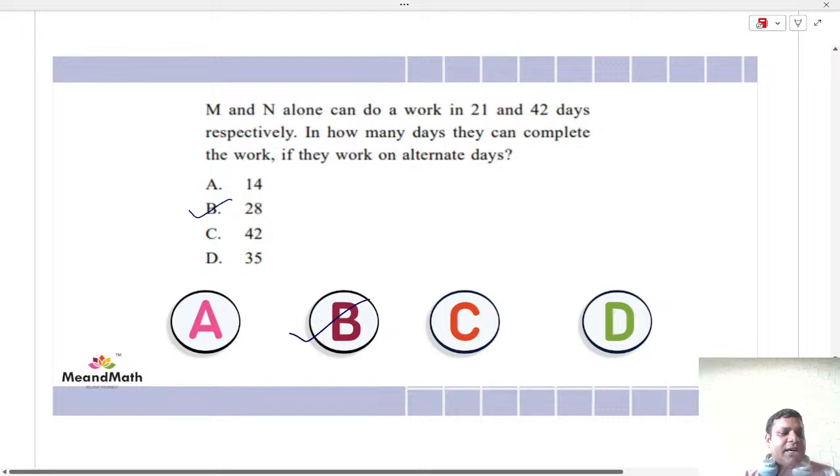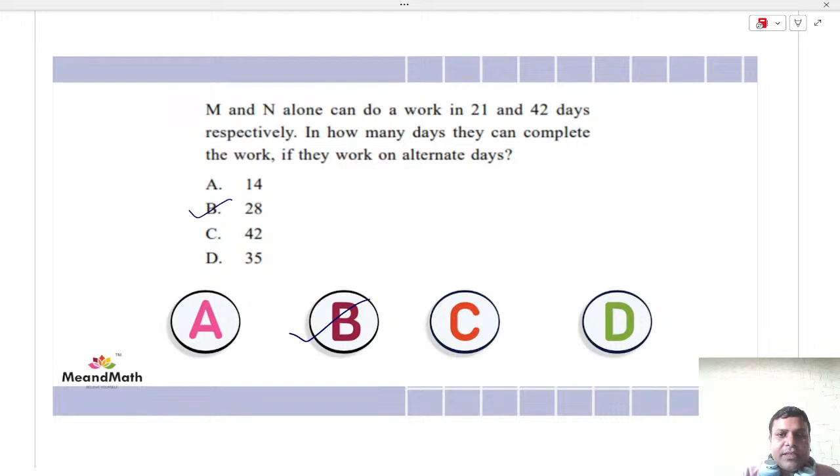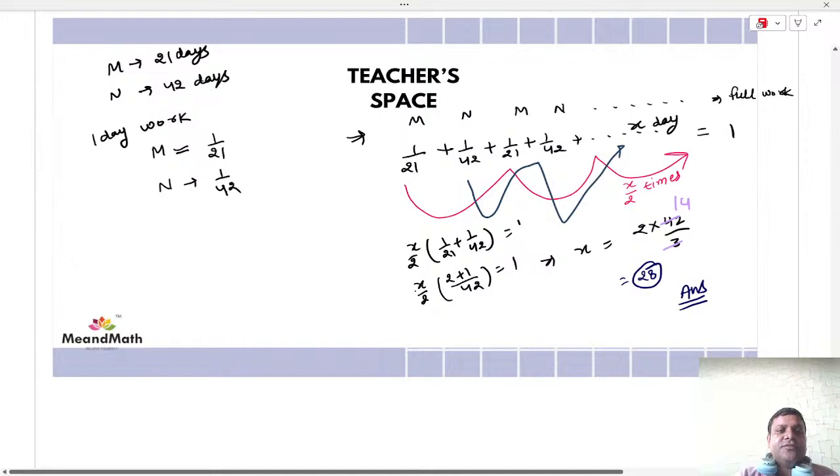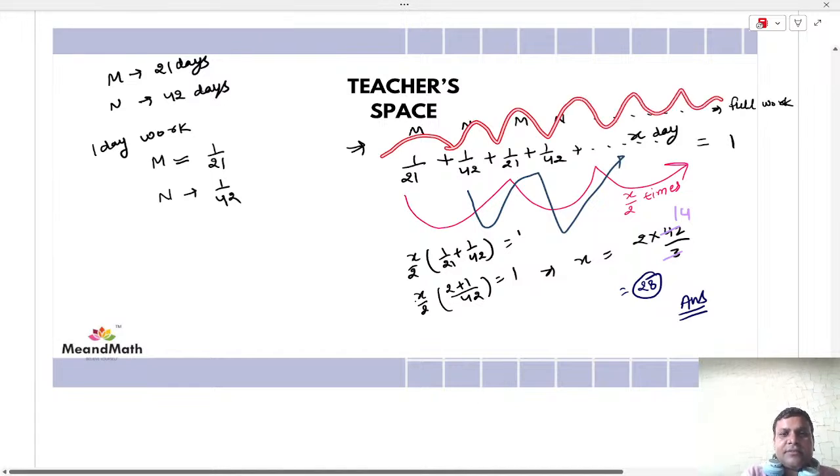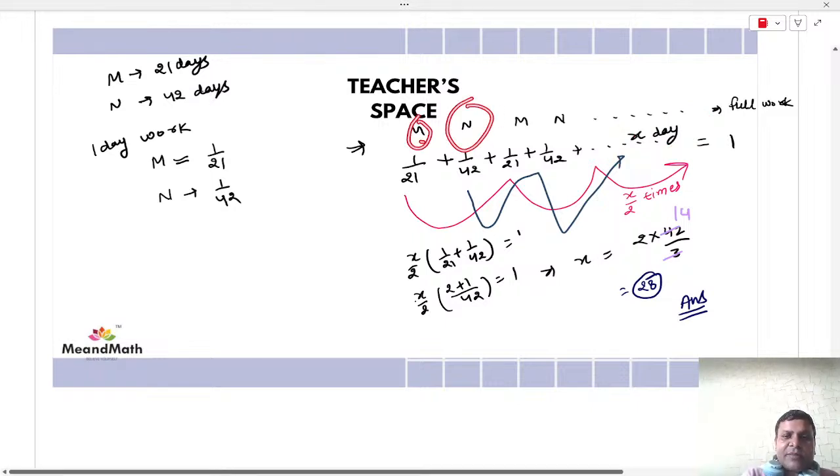Read the question again. M can do the work in 21 days. N can do the work in 42 days. They are working alternately. In how many days can they complete the work? Here is the solution. I found 1 day work of M and N. They are working alternately for x days, so M worked for x by 2 days and N worked for x by 2 days.